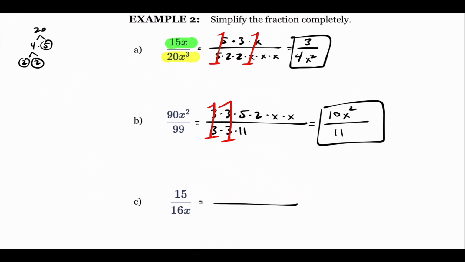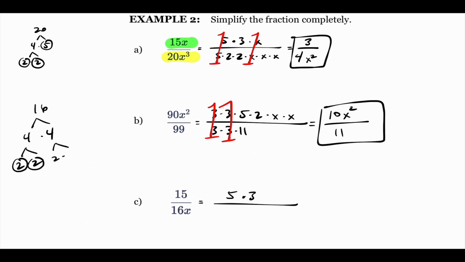Okay. Letter C. 15, we've seen 15 before. It's 5 times 3. 16, though, can be broken down. 16 is 4 times 4, 2 times 2, and 2 times 2. So it's got a bunch of 2's. And then an x.